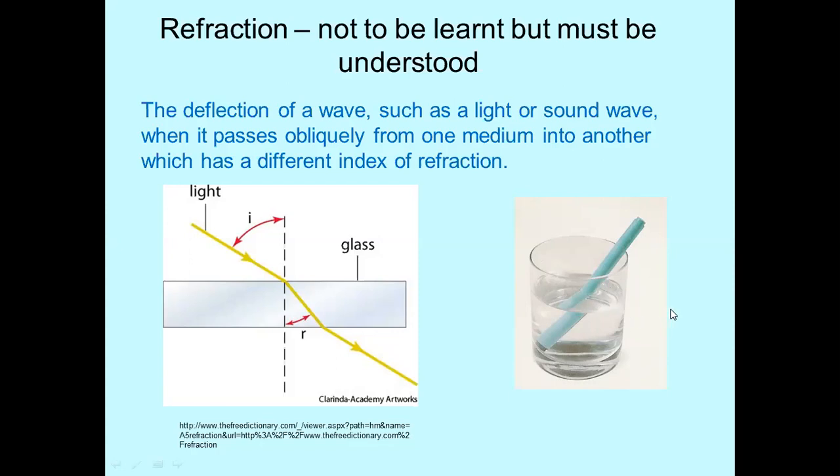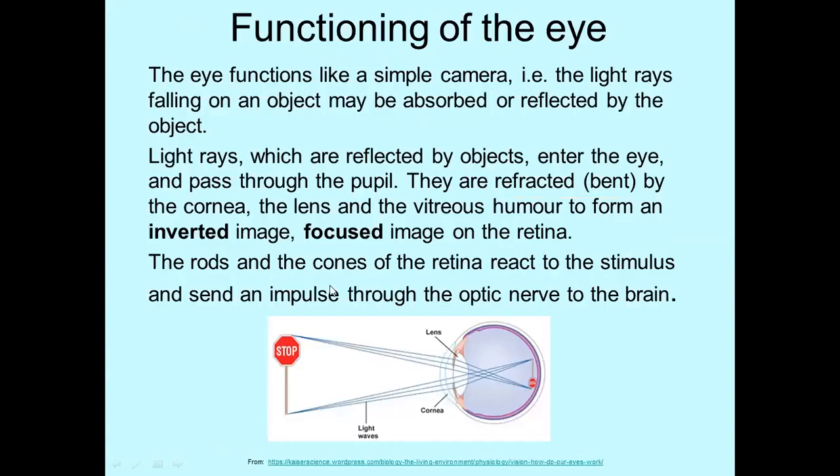So the light rays that are passing above the water are not being refracted, but the light rays that are passing from the air through the water to the straw are being refracted. And that's why it gives this particular kind of image. You don't have to know that. All you have to know is if light hits a different medium at an oblique angle, it is refracted and it is bent as a result of that.